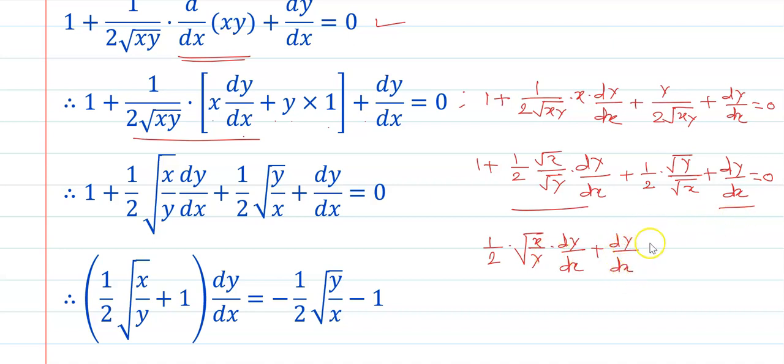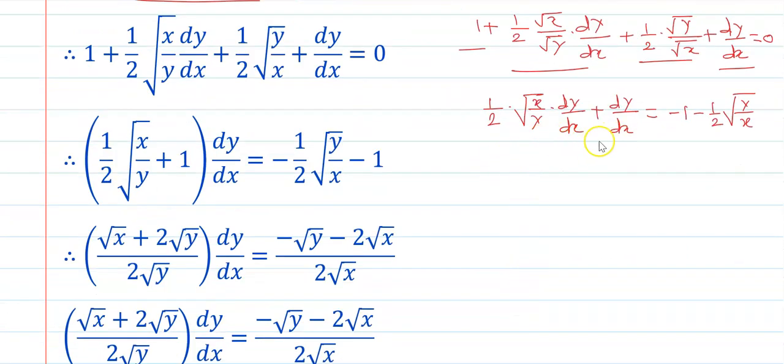We will bring these two terms together. And other than dy by dx, which are the terms? This is the plus 1 and again the plus 1 upon 2 root of y upon x. Let these go to the right hand side, minus 1 minus 1 upon 2 in root of y upon x, and therefore collect the dy by dx.